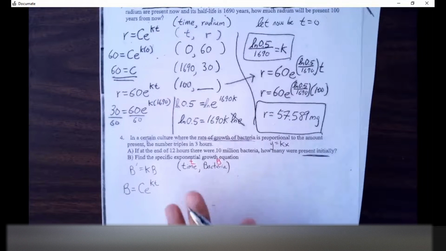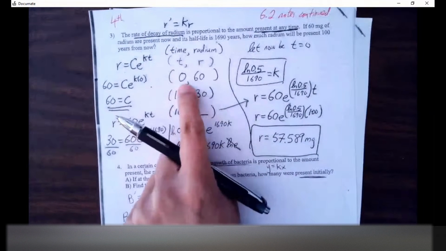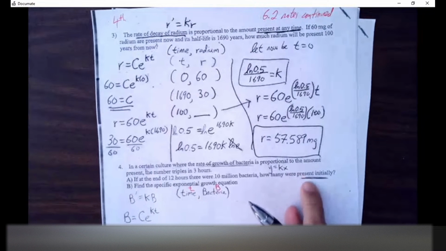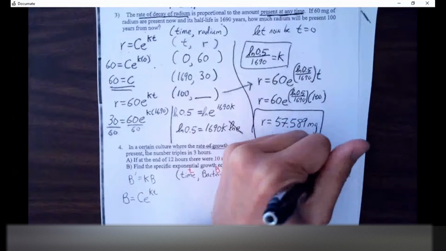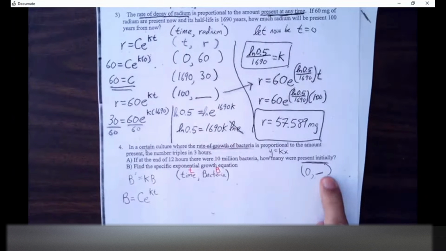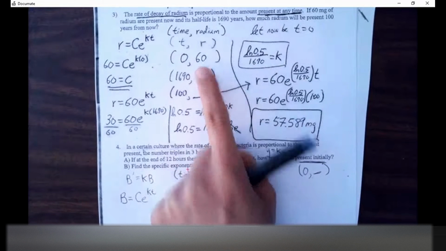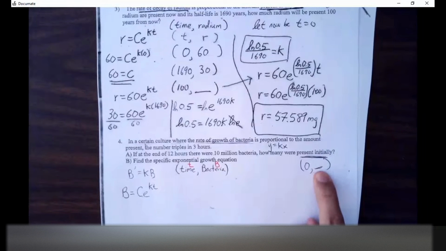So we like to start off with something involving 0, right? Just like before, we like to have a starting point and let that starting point be 0. So we know that there is some initial amount. So I know that's going to be time 0, but the problem is that we don't know what that value is. Okay, normally that's the first number that we look at, but in this case, it's going to be the last number that we find because that's the unknown.